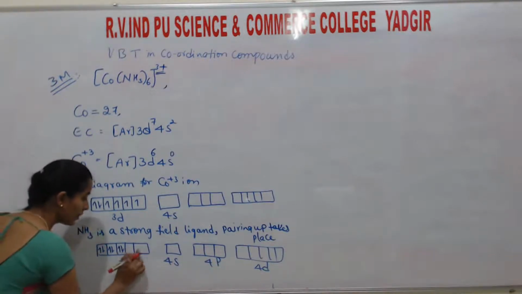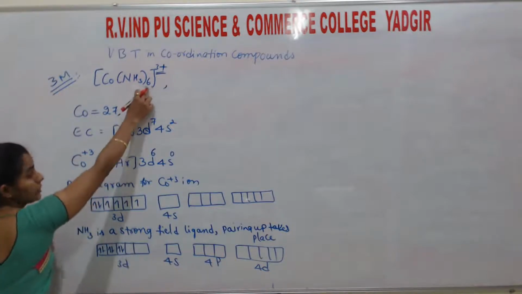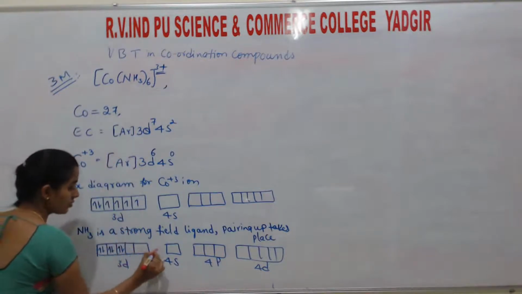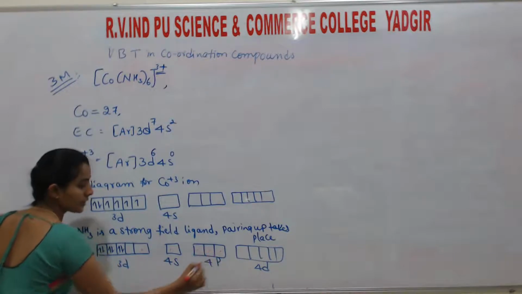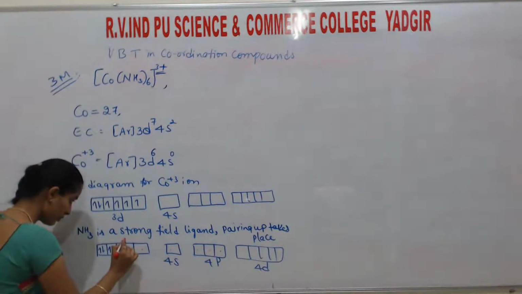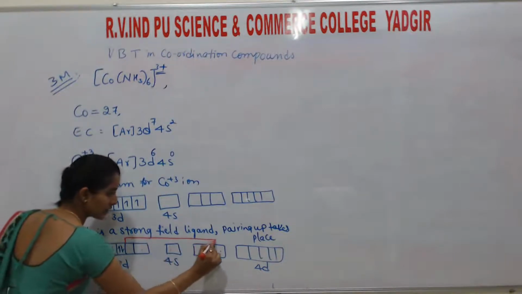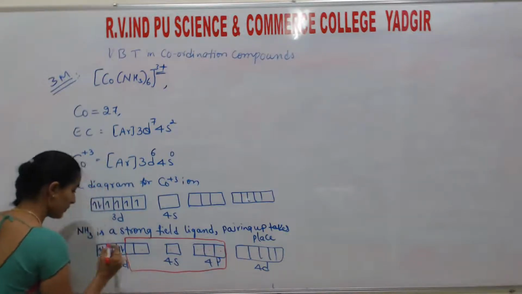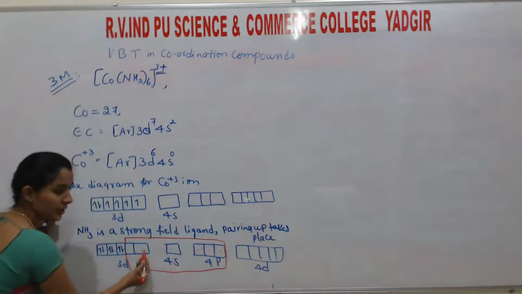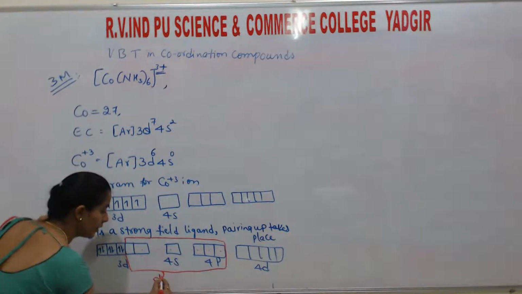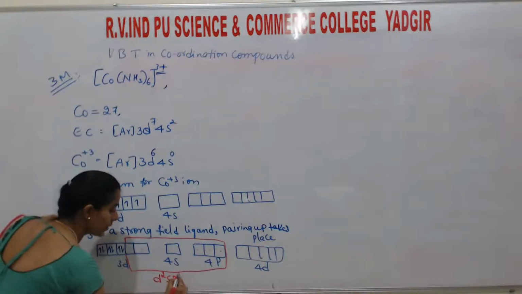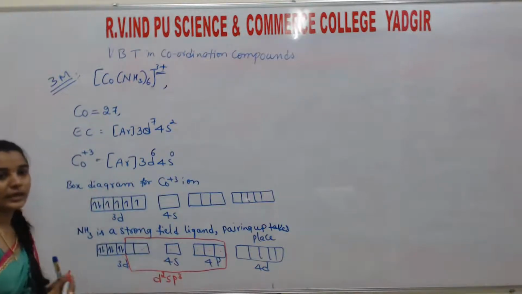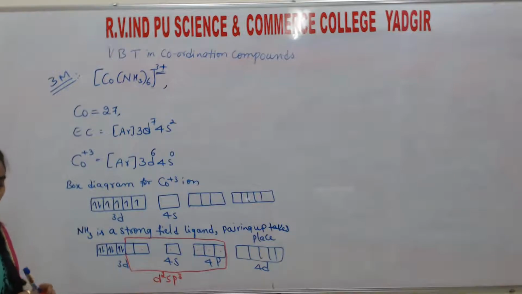So here, how many empty orbitals do we want? 6. So this is 1, 2, 3, 4, 5, 6. If we select these, then we get 2 d orbitals, 1 s orbital, and 3 p orbitals. That is d2sp3 hybridization.